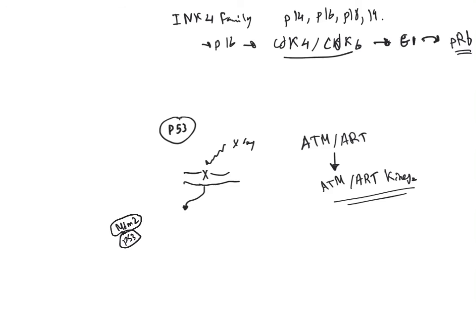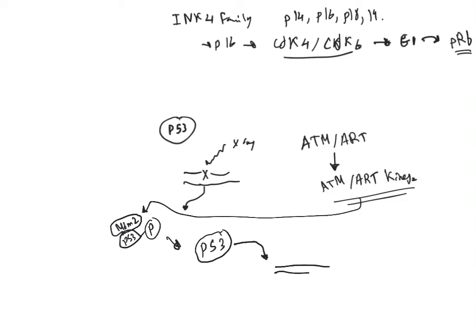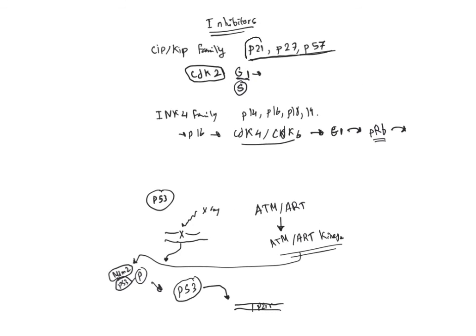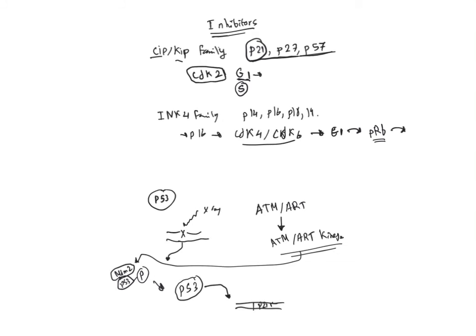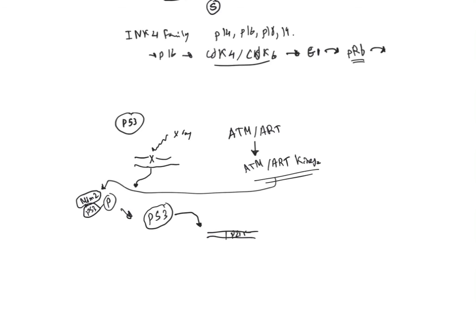Whenever the ATM/ATR kinase is active, it will go there, bind, and phosphorylate it. So it's phosphorylated right now. This part right here will dissociate, so P53 will be free. It will go and activate the gene responsible for P21. And as I just mentioned, P21 is one of the CIP, KIP family. It inhibits CDK2, and this is how it regulates the cell cycle. It's a very common tumor suppressor in cancer.